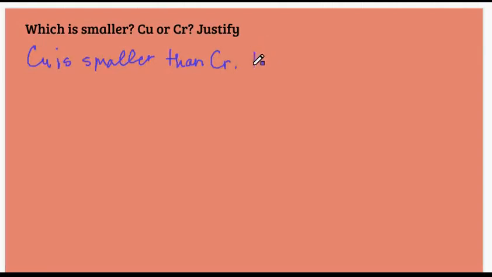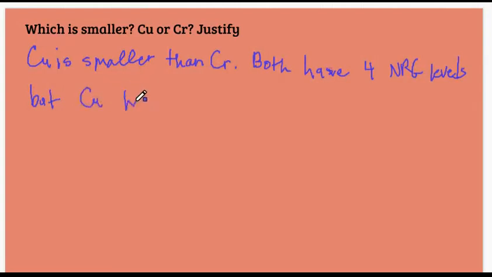Now the evidence. Both have 4 energy levels, or you could just say the same energy levels. Both have 4 energy levels, but copper has 29 protons because that's its atomic number.